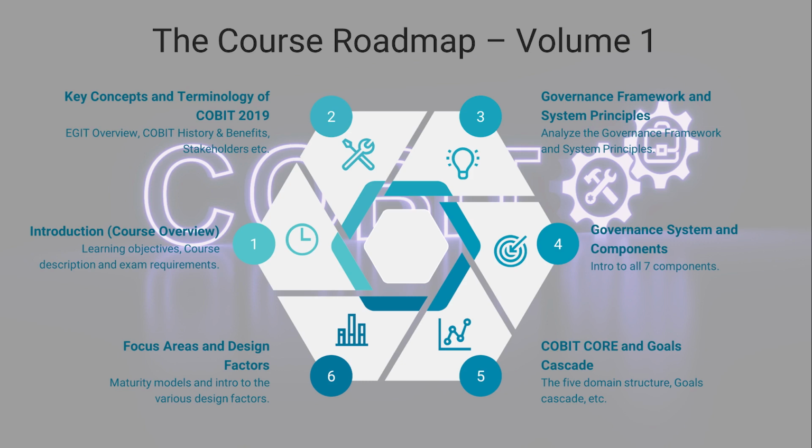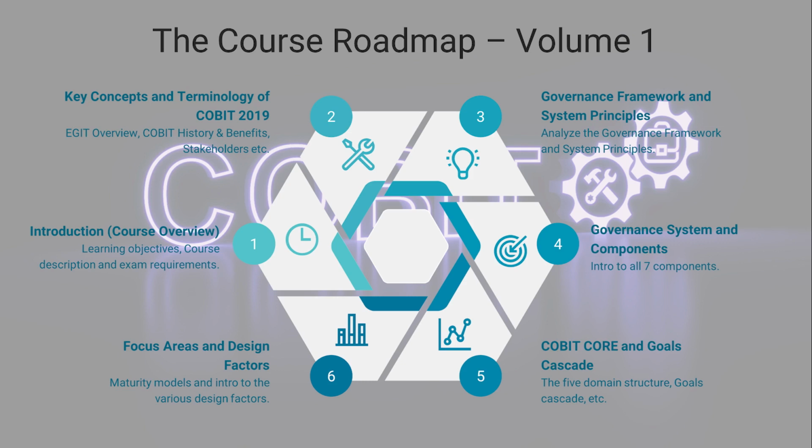The next module talks about the COBIT core and the goals cascade. Within the COBIT core, of course, we'll explore the various processes and how those processes are broken down across the 5 domains, that is the 5 domain structure, and we'll also explore the goals cascade, which basically talks about understanding stakeholder needs and mapping that to enterprise goals, which in turn are mapped to IT goals.